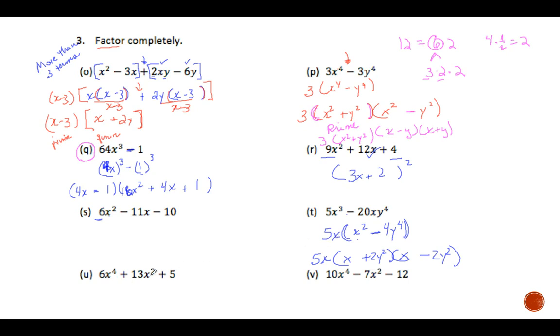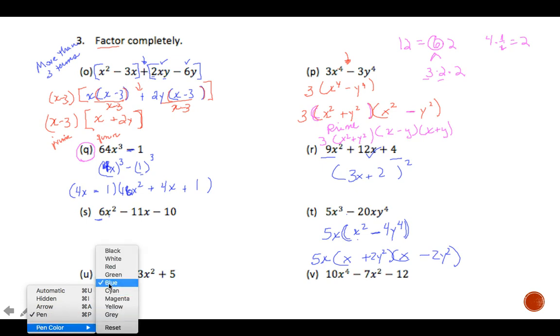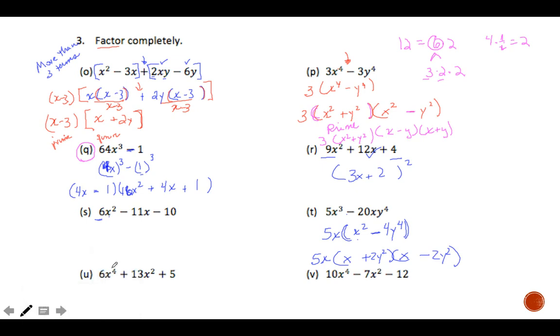These last two problems are kind of cool because if you have done a gazillion quadratics, if you have factored lots and lots of quadratics, you'll look at this and your brain will want to see this. That's what your brain will want to do, right?